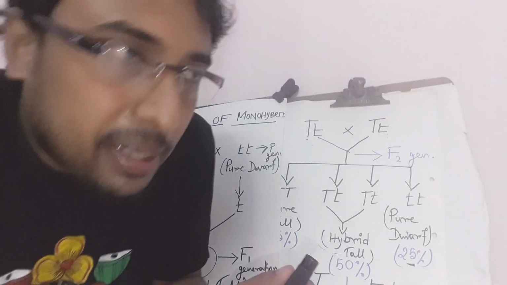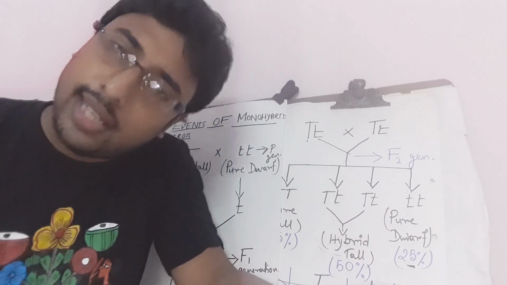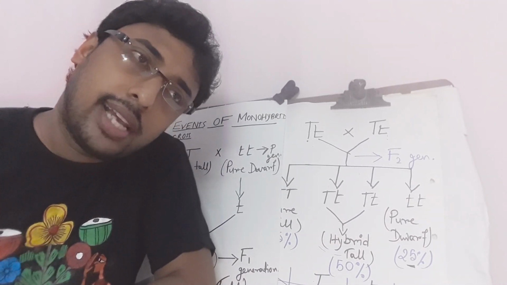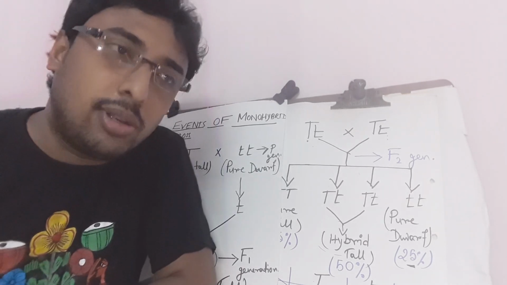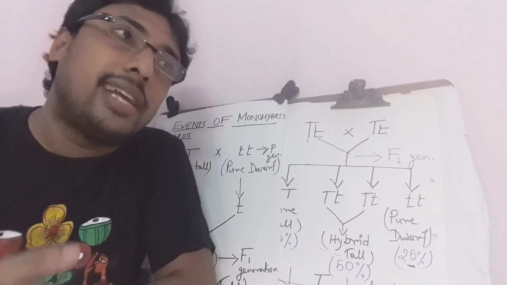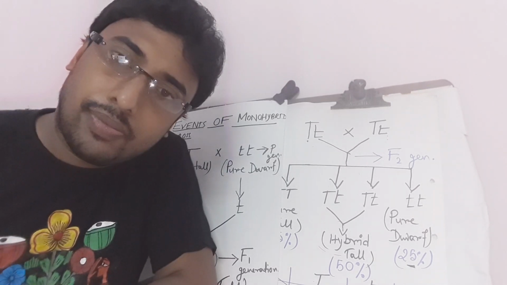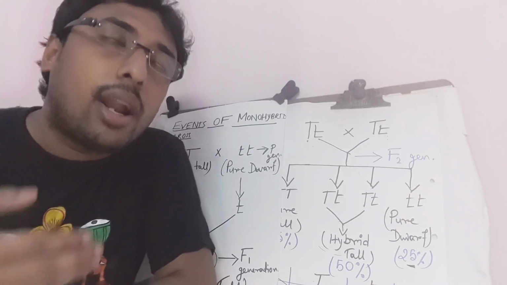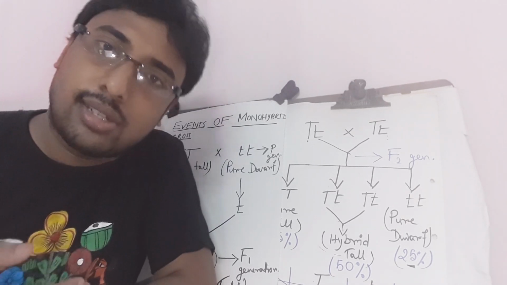So in capital T from externally, that is pure tall. Similarly, capital T, small t, if you see externally, you think that is also pure tall, but ultimately it is not pure tall. But if you see externally, that is pure tall, but not internally.